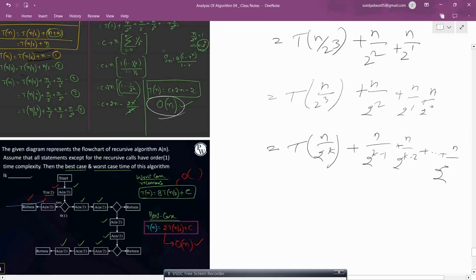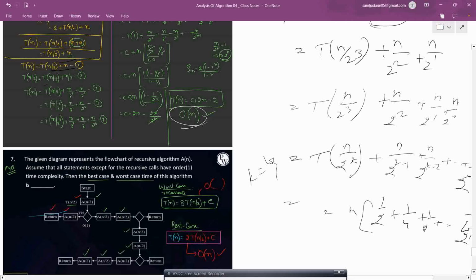K is equal to log n here and plus 2 or minus 1. And what will become of that is 1 by 2 plus 1 by 4 plus 1 by 8, or 4 log n minus 1.